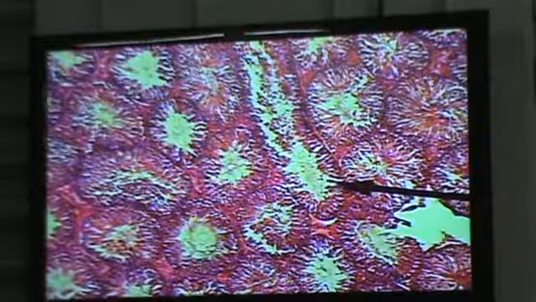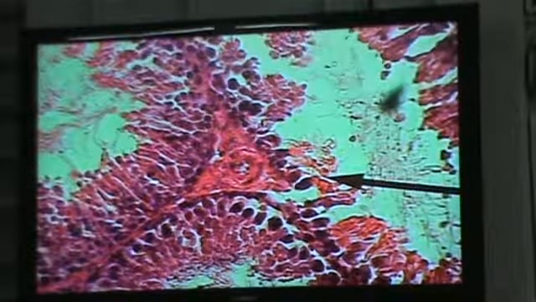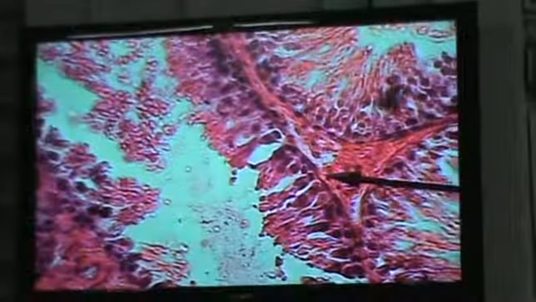Okay, let's go right here. Now, in this slide, Matthew, you see a lot of what? Sertoli cells. This is a particular slide.